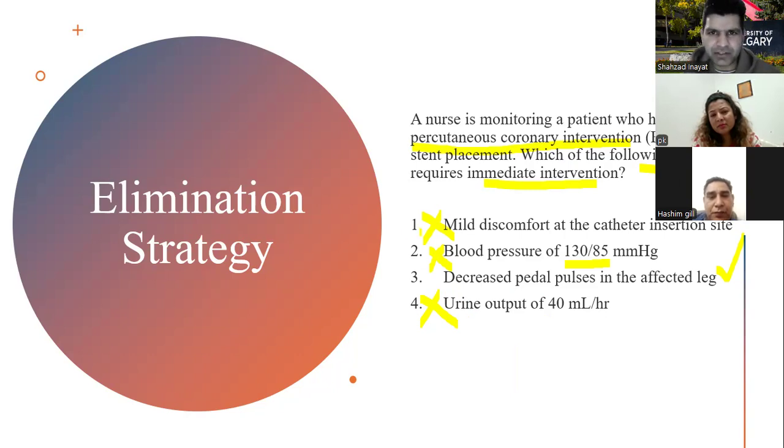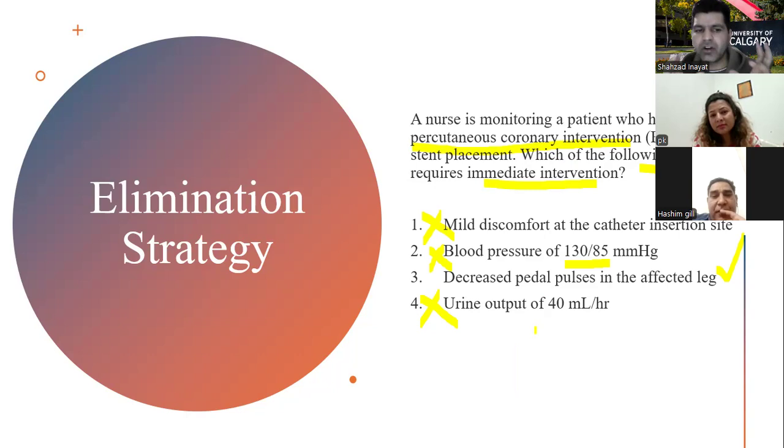If we eliminate the first option, our passing probability increases from 25% to 33.3%. If we eliminate the first two options, it increases from 33% to 50%, right?